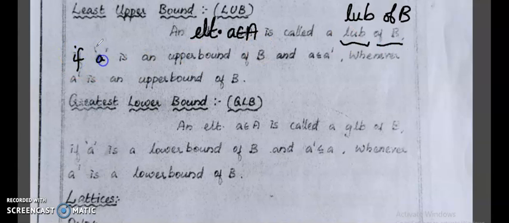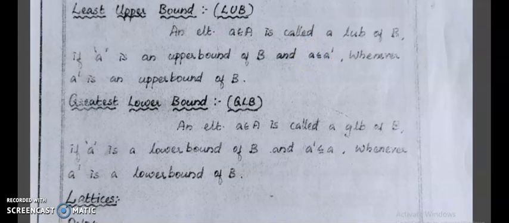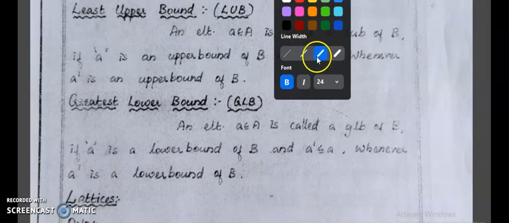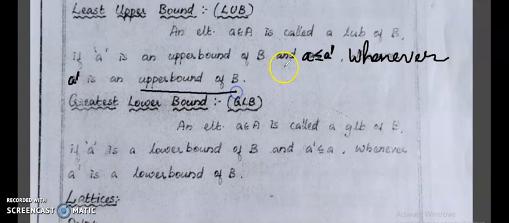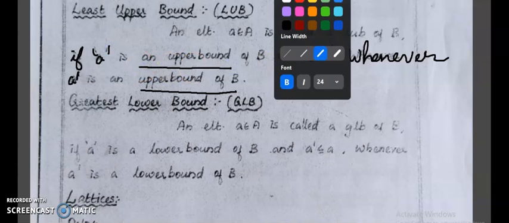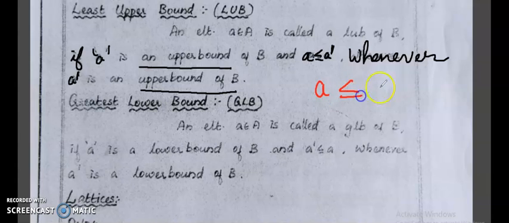If a is an upper bound of B and a is less than or equal to a dash whenever a dash is an upper bound of B. So what we have to understand is, if a is an upper bound, a will always be less than or equal to a dash, where a dash is also an upper bound.